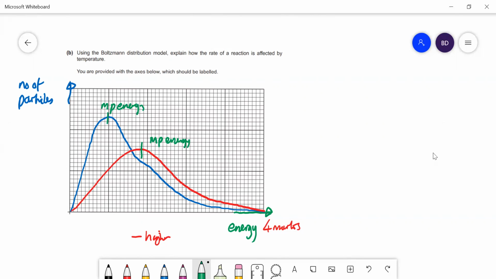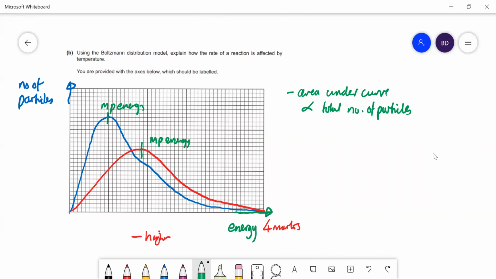And you'd also want to say that the area under the curve is proportional to the total number of particles. Incidentally, that's why the red curve has got to have a lower peak, to keep the areas under the two curves about the same. Okay.